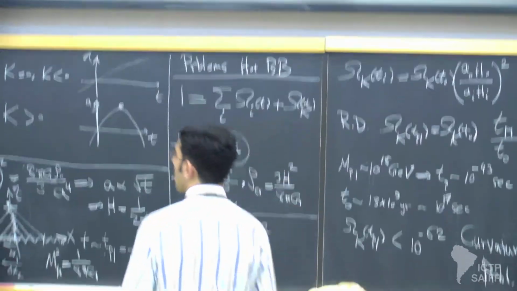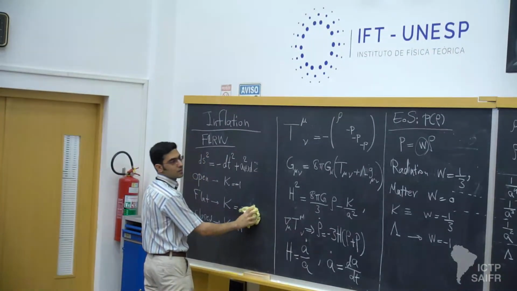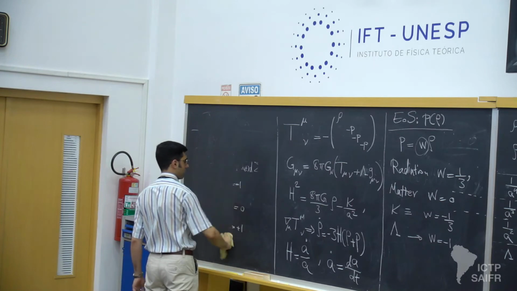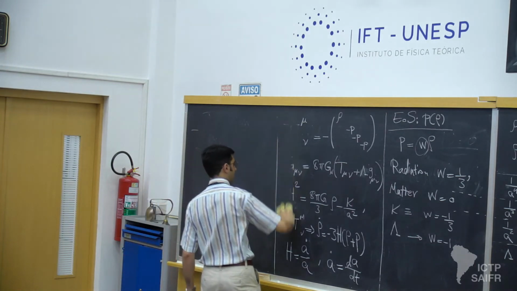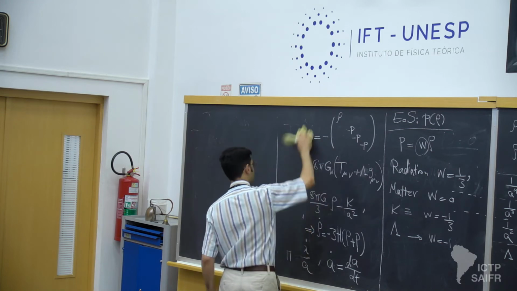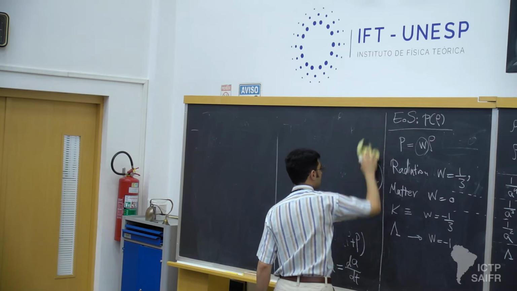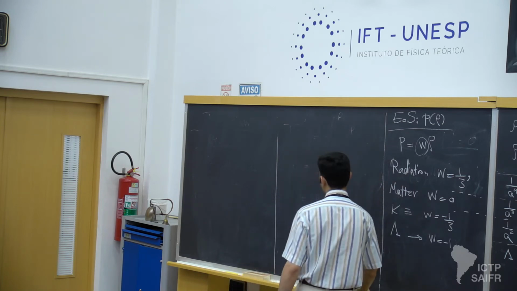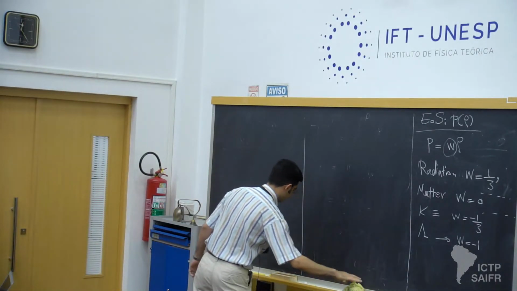And here we can determine that it's going to be about 60 e-foldings. So how do we determine that?